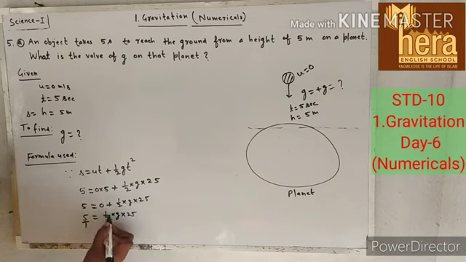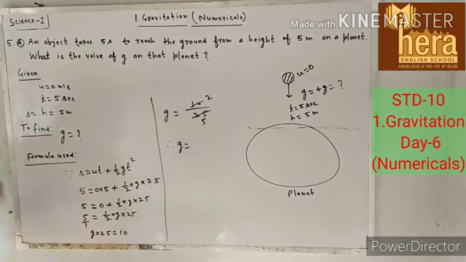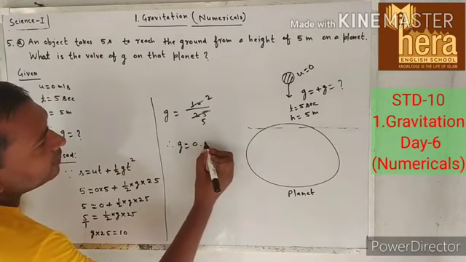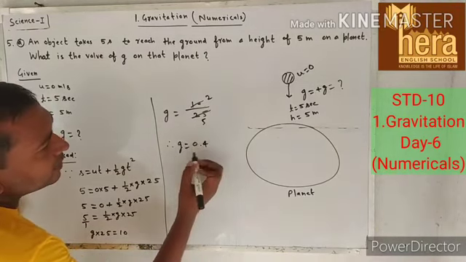So g will be equal to 10 upon 25. Therefore, g is equal to 0.4.